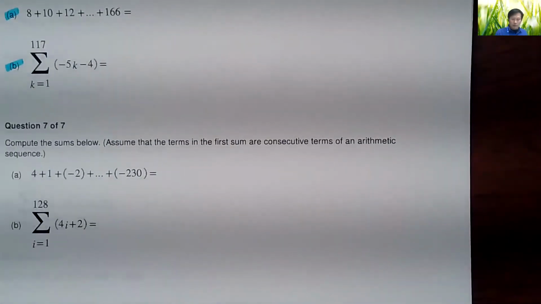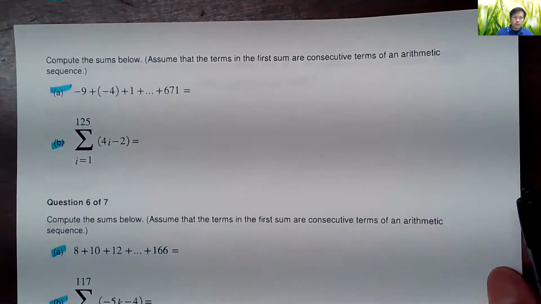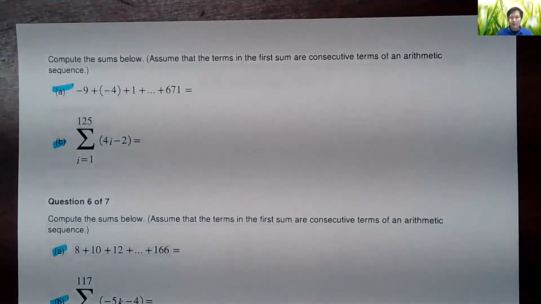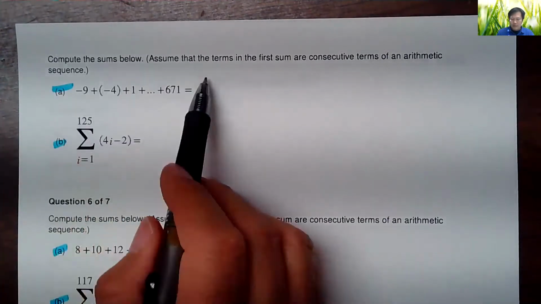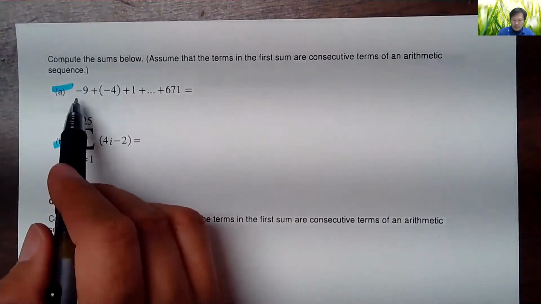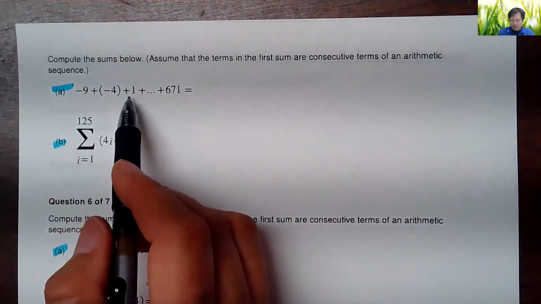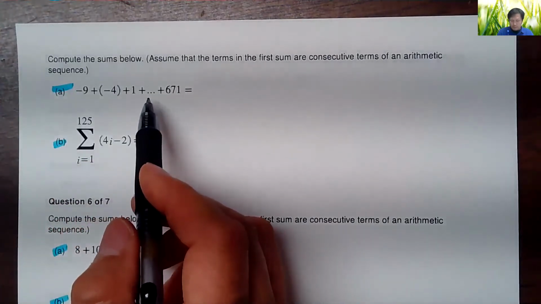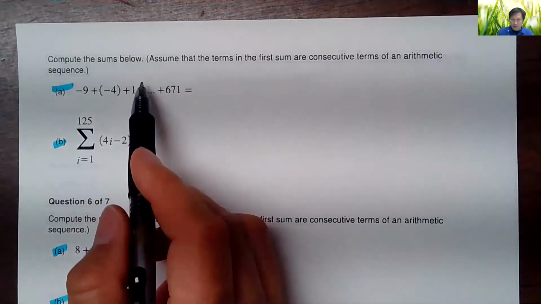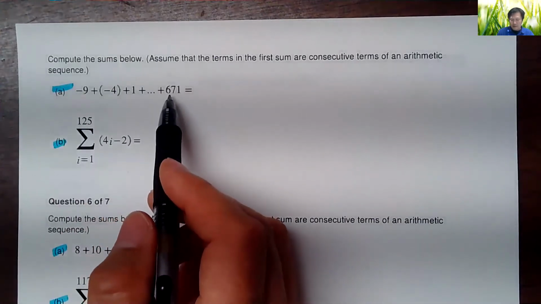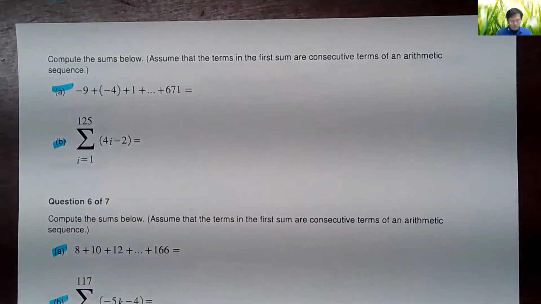Okay, the next topic you need to know is how to add an arithmetic sequence. So let's look at the first style. Minus 9 plus minus 4 plus 1 plus dot dot dot, meaning there are a lot of terms between, plus 671.